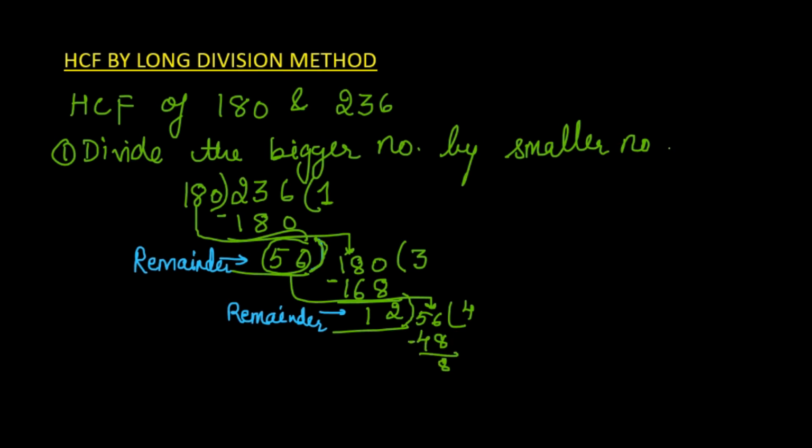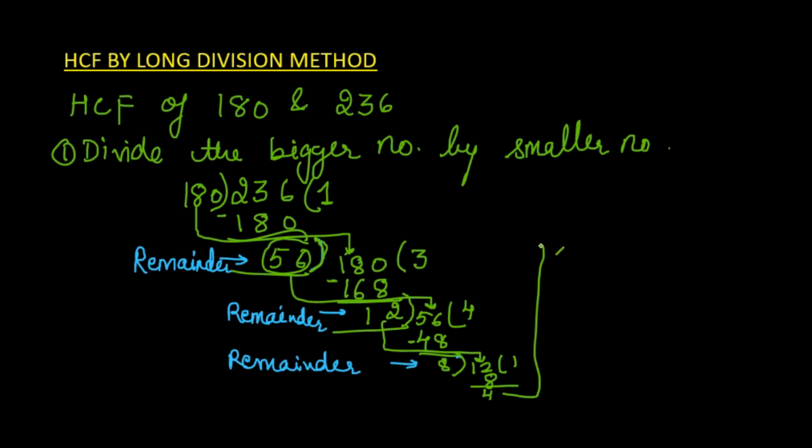Now 8 is the remainder and it becomes our next divisor, and we will be dividing the previous step's divisor. So it was 12. We divide 12 by 8. So we get 8 ones are 8. And we are left with the remainder of 4.